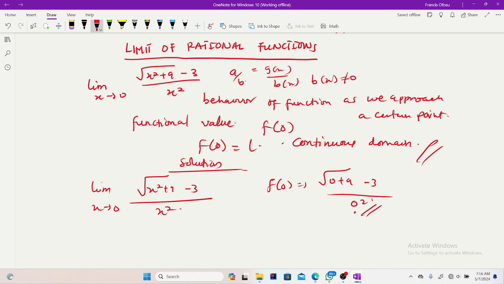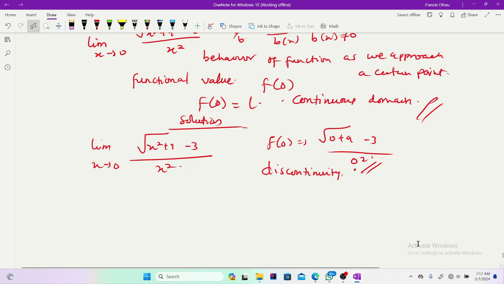The presence of this 0 squared indicates a discontinuity. Our function does not continue, or there's a breakage once you reach the point 0. For that reason, we can't find the limit using the functional value. The limit is not equal to the functional value at 0.